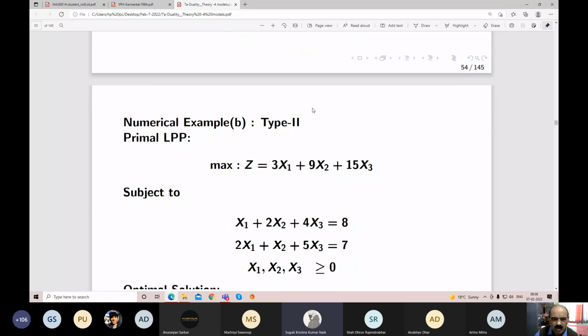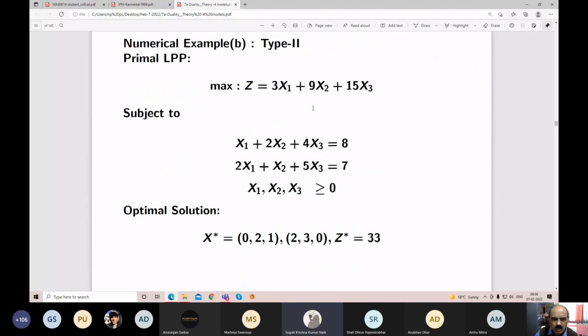Now example 2. See here, a similar problem. Verify the solution. Third one, suppose the first and middle one is 0.